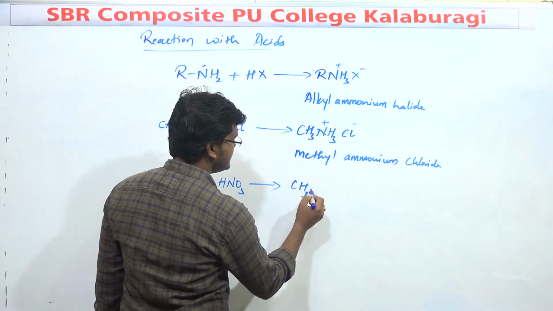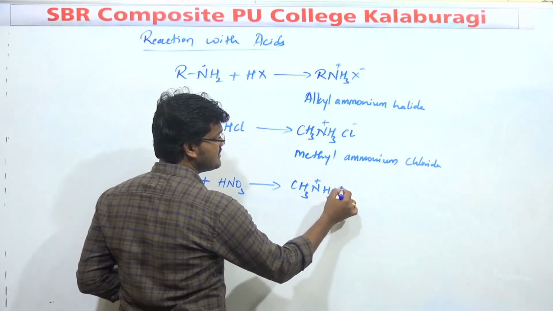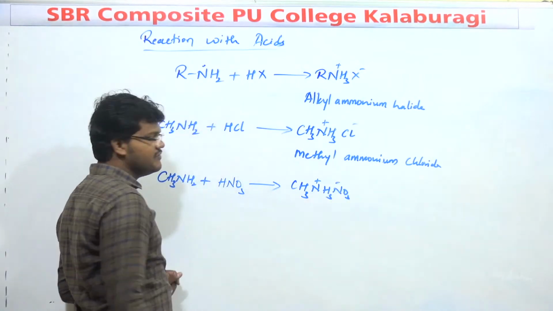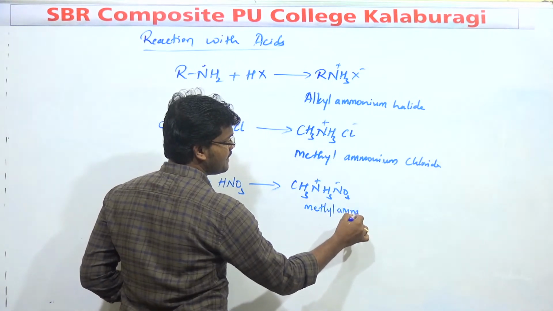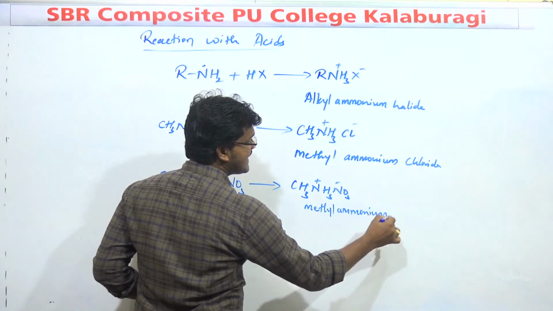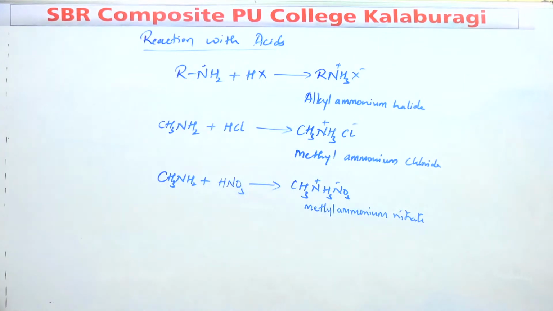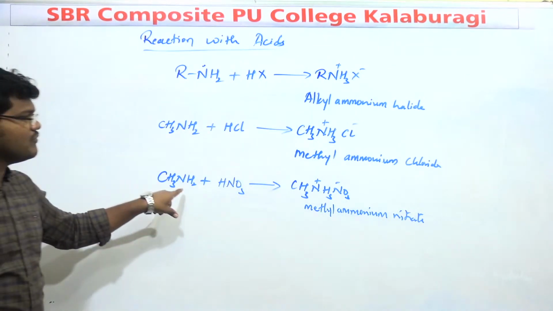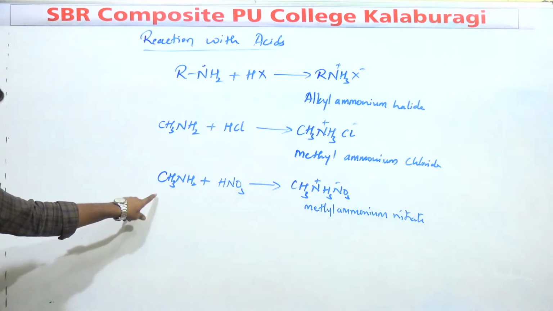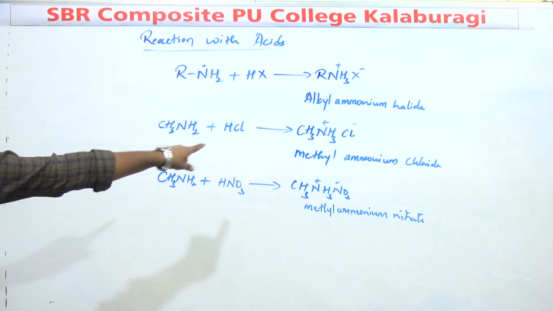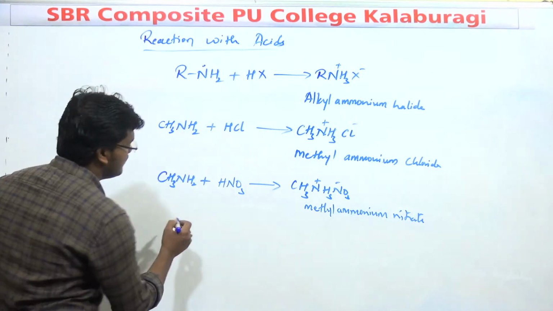CH3NH2 will become CH3NH3+ NO3-, which means methyl ammonium nitrate. Clear? So methylamine reacts with HNO3 to give methyl ammonium nitrate.